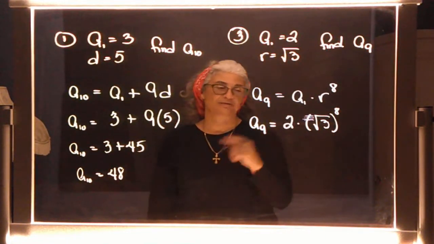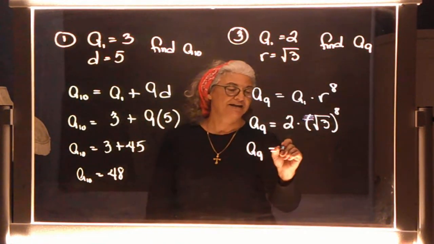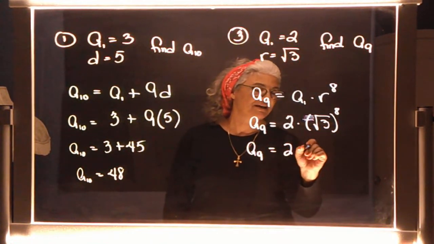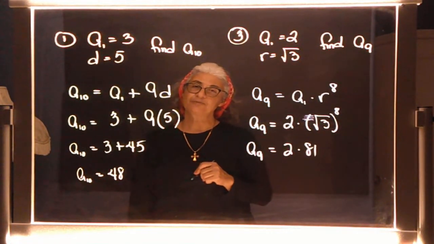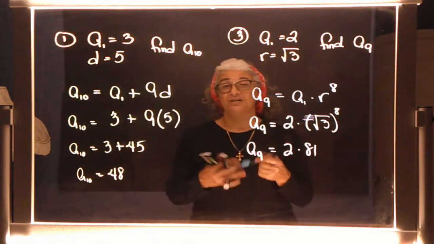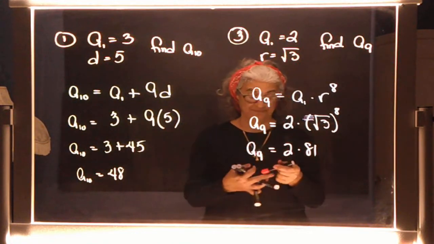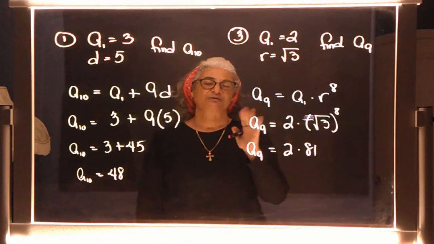And I know some of you are on your calculators and you're already working that out, and I have this as 81. And some of you are like, how'd you come up with that so quickly? Well, here's the deal. I have 8 of those, don't I? So think about it.